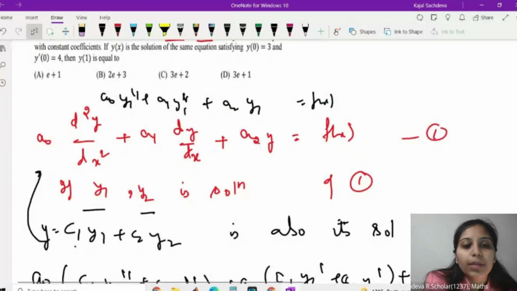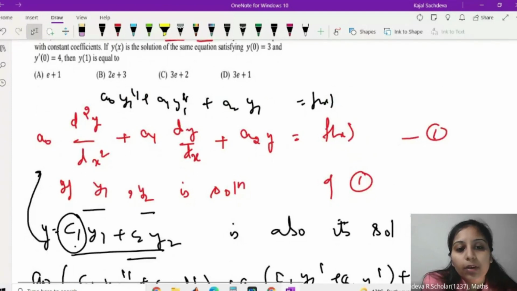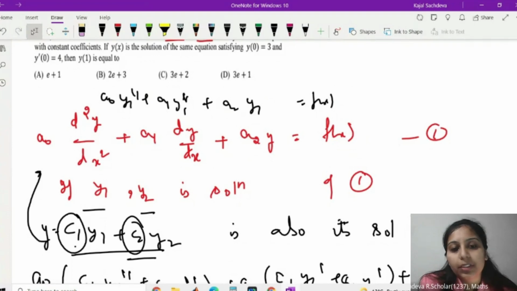So the linear combination is a solution if the sum of the combination c1, c2 is 1. If we have n solutions, then c1 y1 + c2 y2 + ... + cn yn is the general solution of the nth order linear differential equation with constant coefficients if the summation of ci is equal to 1: c1 + c2 + ... + cn = 1. So that is our case.